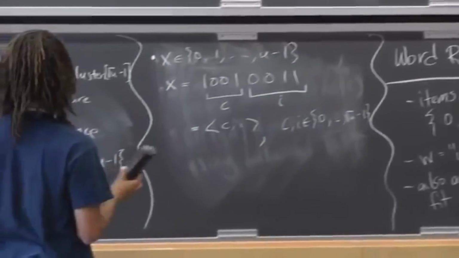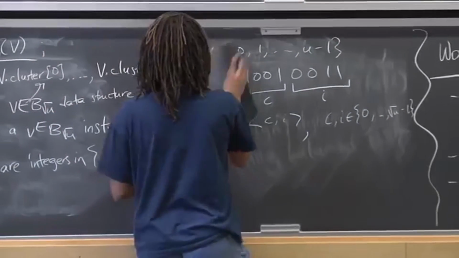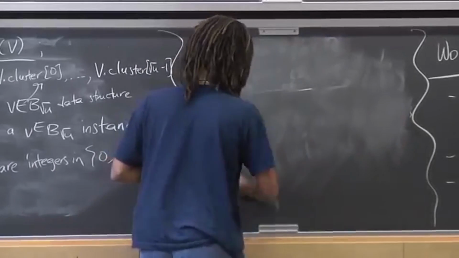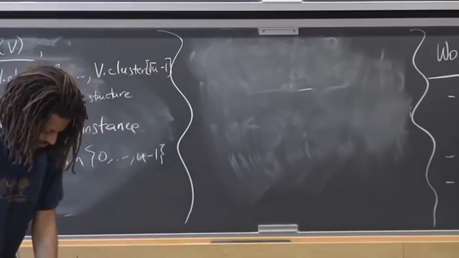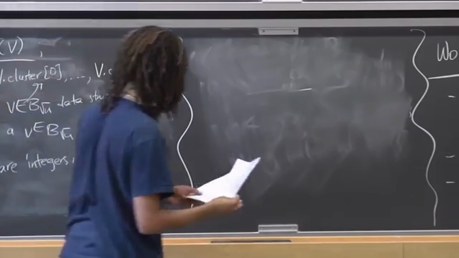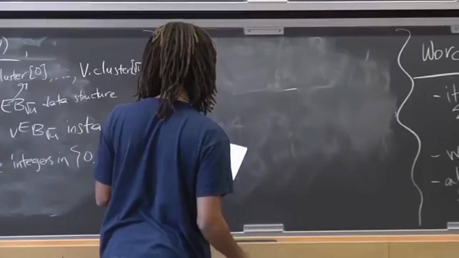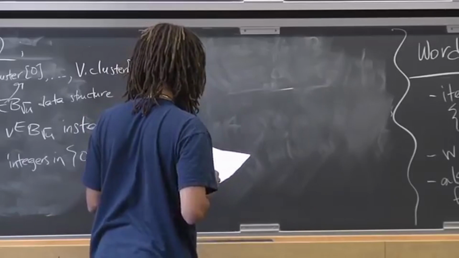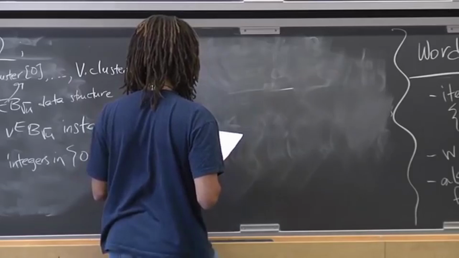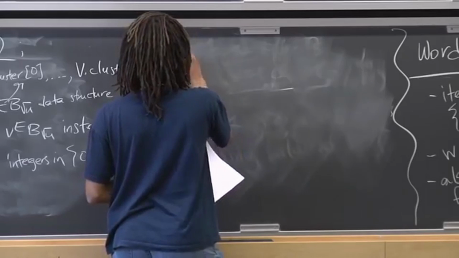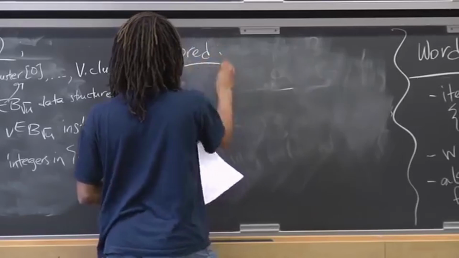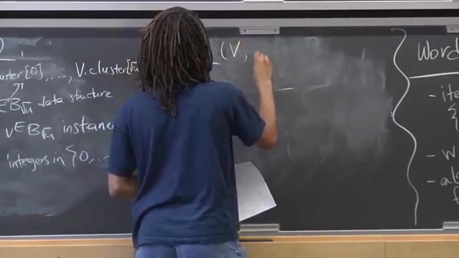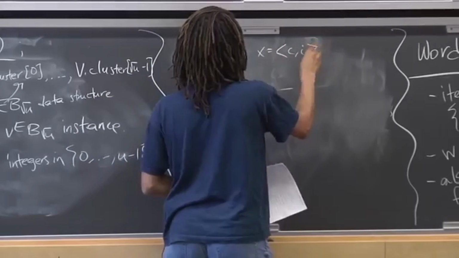Good. So let me write that down. Predecessor takes as input v as well as this x, which I write as ci.